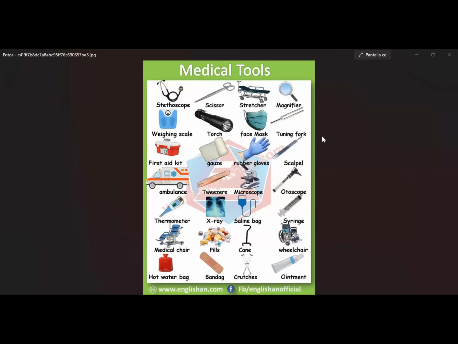I'm going to show you a picture. And we're going to play a game. But let me show you the picture first, with more medical tools. Here we are.